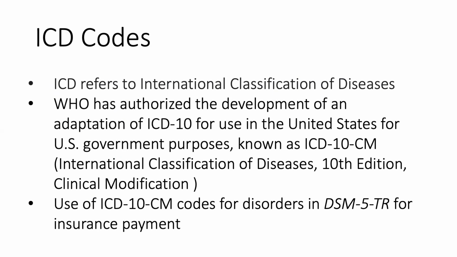The US decided to modify that version of the ICD and came up with the ICD-10-CM. This is used by the US Center for Disease Control and Prevention's National Center for Health Statistics. So this provides the only permissible diagnostic codes for mental disorders for clinical use here in the US.